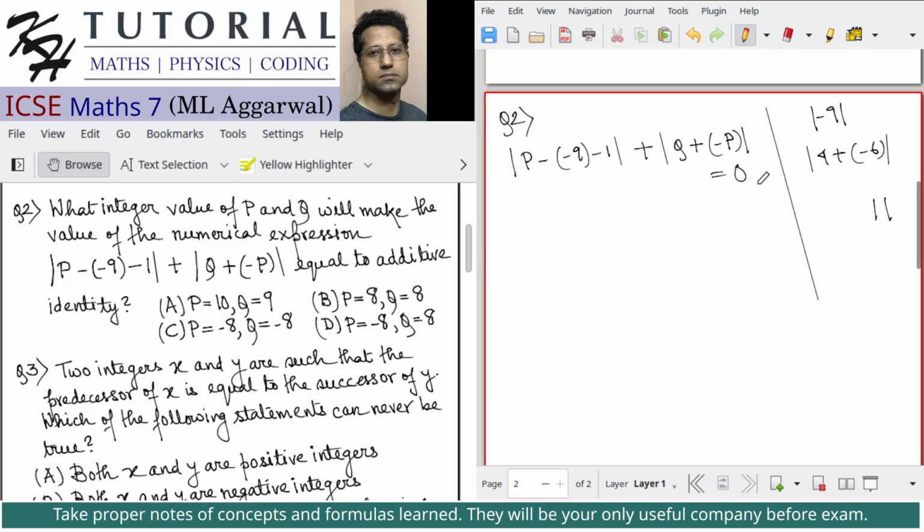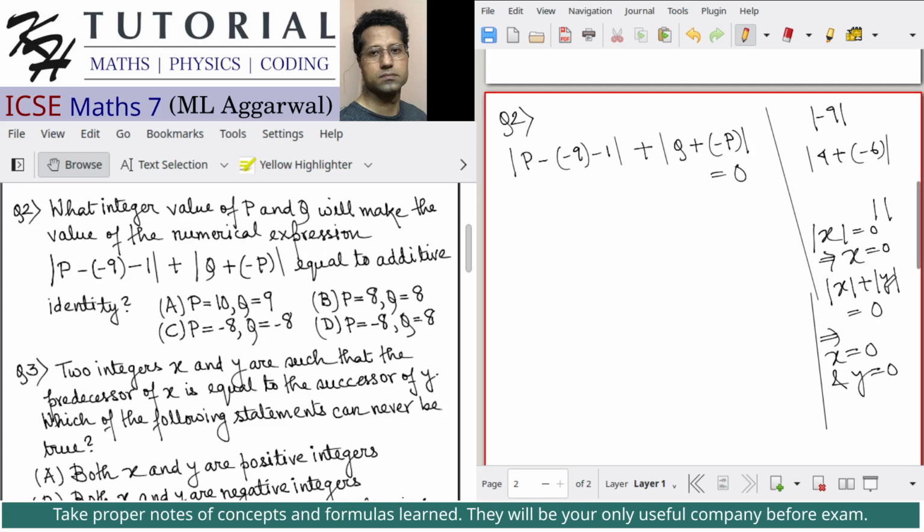Now I have explained in my previous video that regarding absolute value, if you have something like the absolute value of x is equal to 0, this will always imply that x is equal to 0. Also, if you have something like the absolute value of x plus the absolute value of y is equal to 0, this will imply that both x and y are equal to 0.